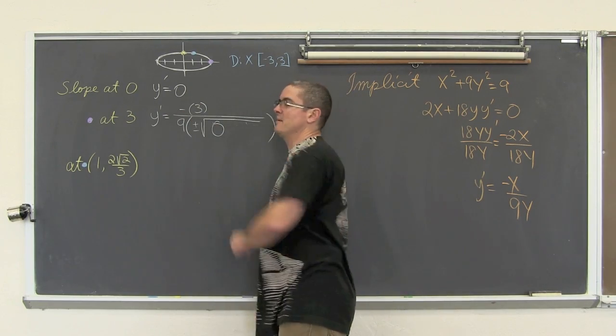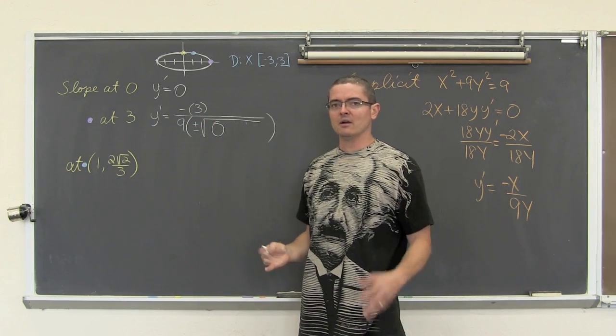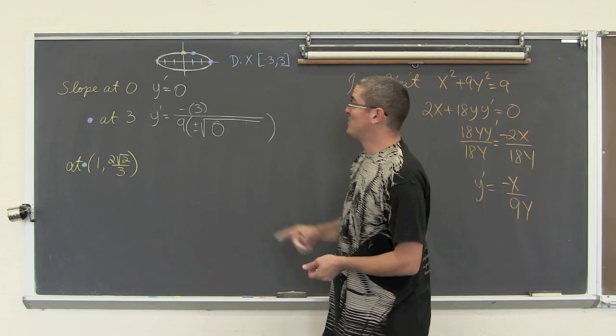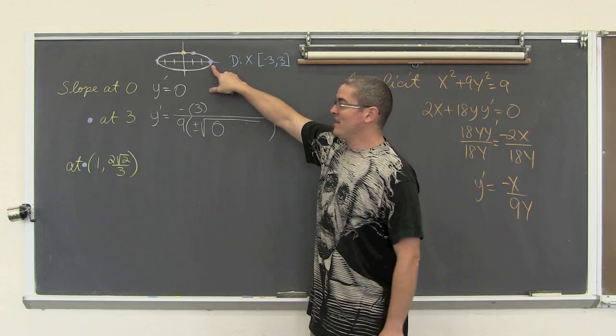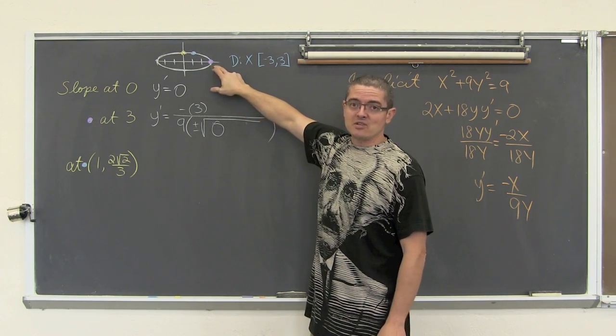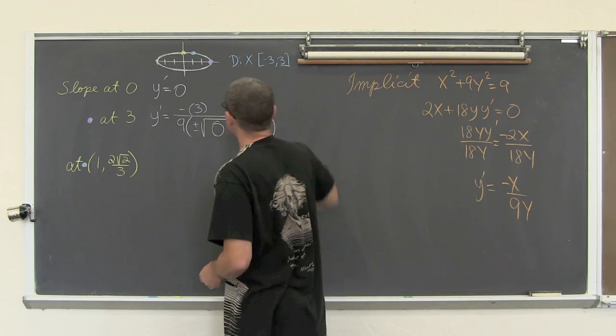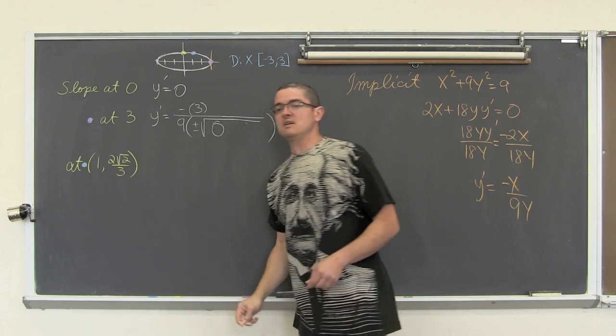So now my first example had 0 in the numerator. That was great, but now this is working out to have 0 in the denominator. That shouldn't be shocking. That's why we have a picture. That point at 3 is the rightmost point of the ellipse. It's the end of the major axis. It's where the graph starts to curve around. The tangent line at that point is indeed vertical.